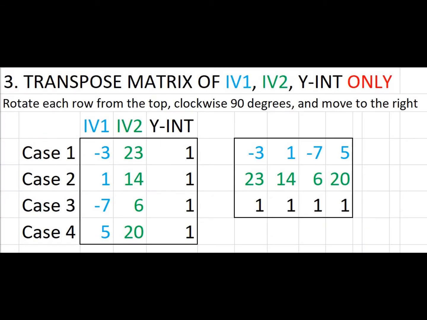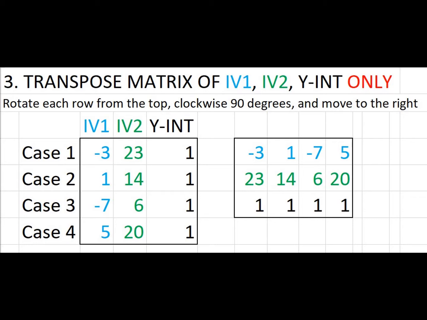One of the common techniques used in linear algebra to solve for systems of equations is to do a transposition. And a transposition of a matrix involves rotating each row from the top clockwise 90 degrees and then moving it to the right.